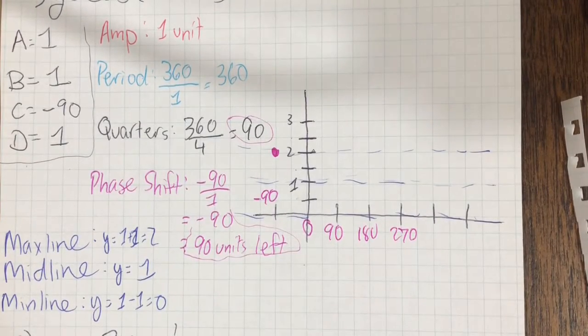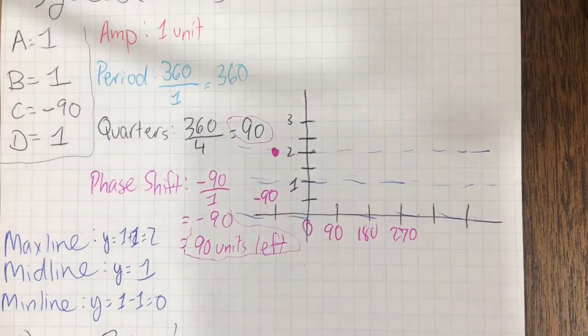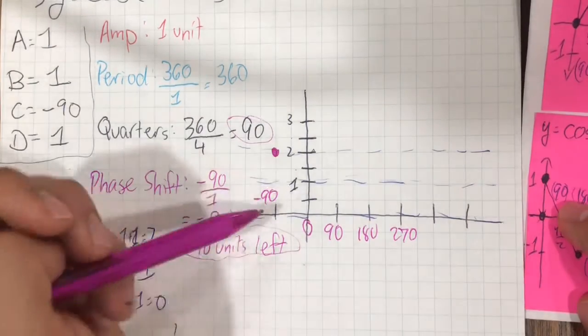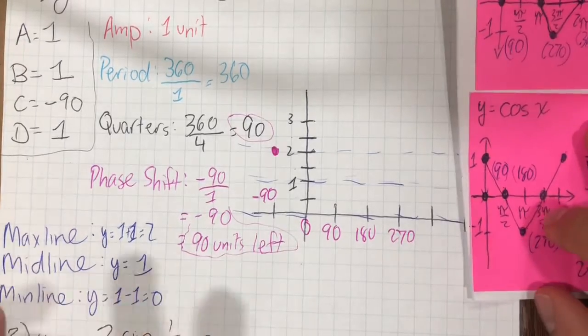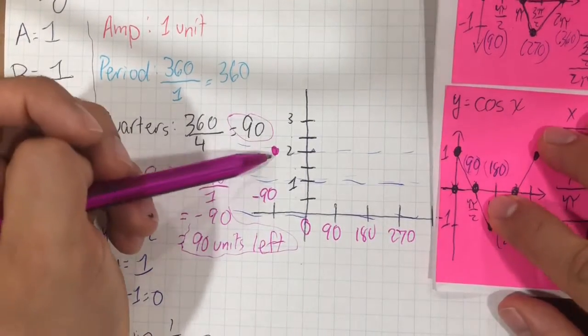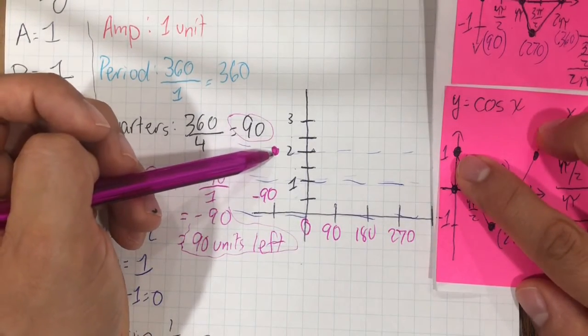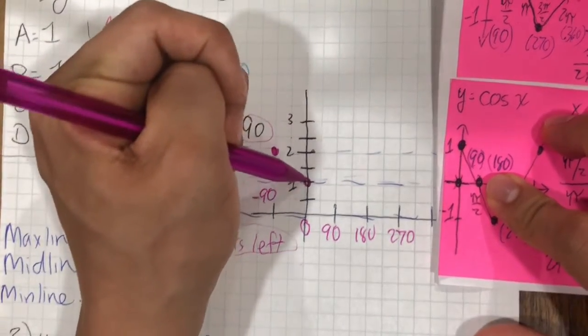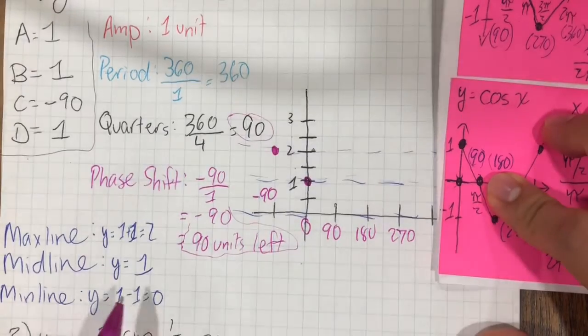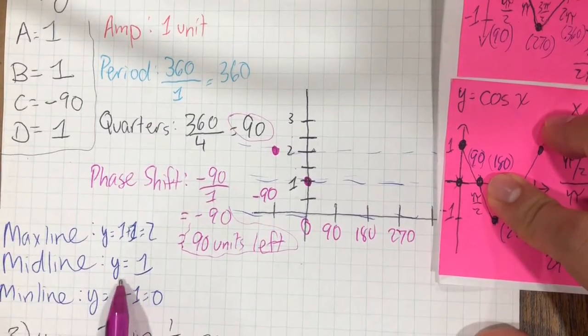All right, so let's go ahead and make our graph. Originally we started at -90, comma 2 for the max. And then I'm going to go from max to mid, so 0, comma 1. Remember, all my midlines are at 1 for my y.